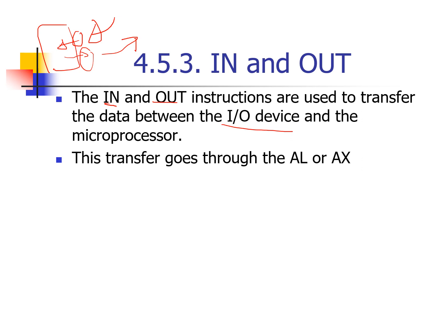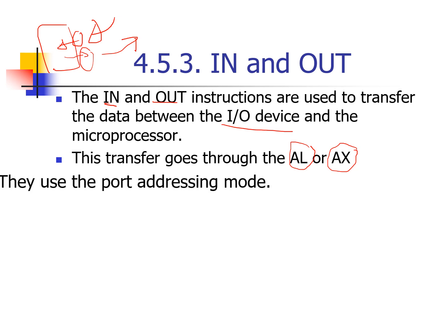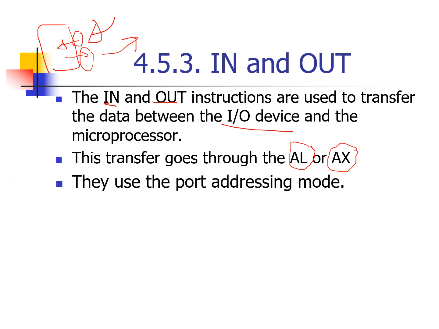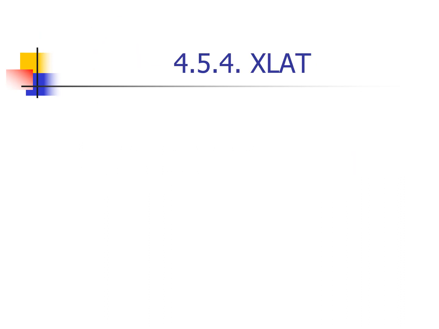This transfer goes through either AL if you are transferring byte by byte, or AX if you are transferring word by word. And use the port addressing mode to refer to the device you're getting data from or sending data out.